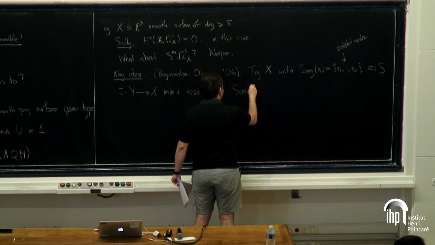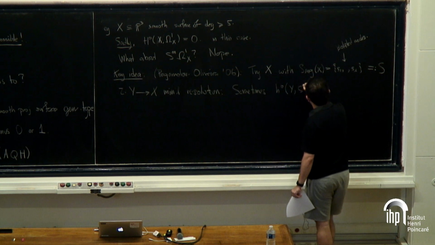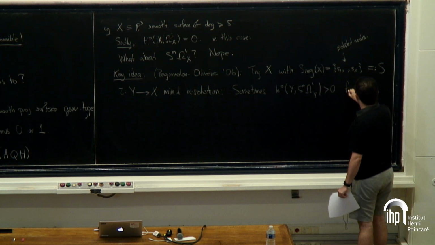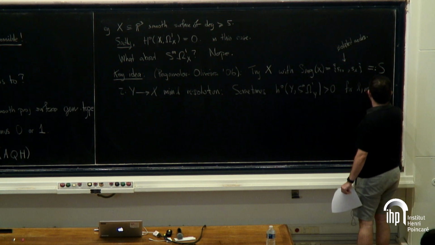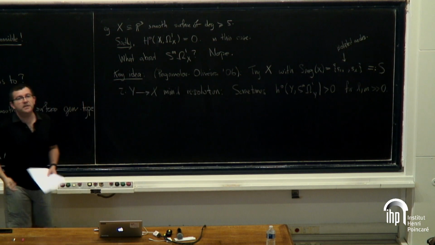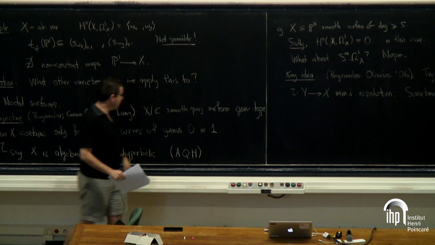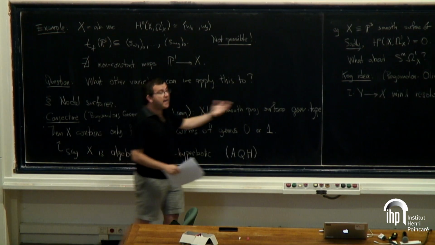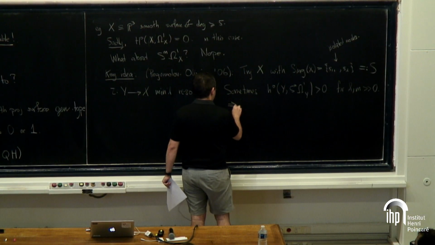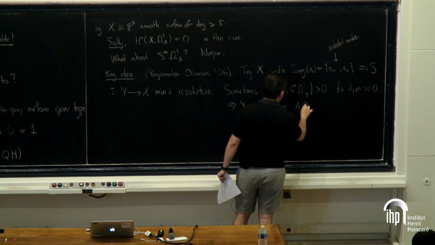Sometimes, if you look at H0 of Y of Sm omega 1 Y, then you find symmetric differentials for L and M sufficiently big. And when you find those differentials, you can apply the idea up there to show that Y has to be algebraically quasi-hyperbolic, and therefore X will also have to be algebraically quasi-hyperbolic. So this implies that Y and X are algebraically quasi-hyperbolic.